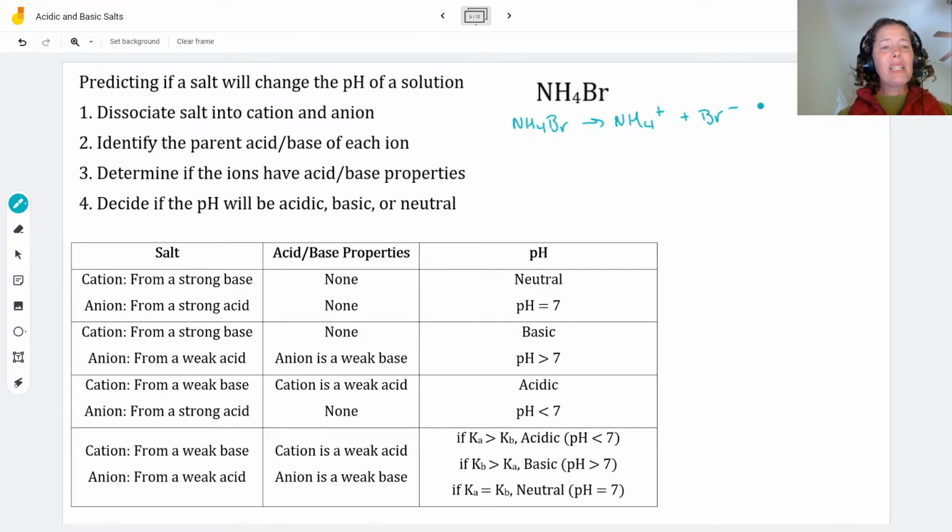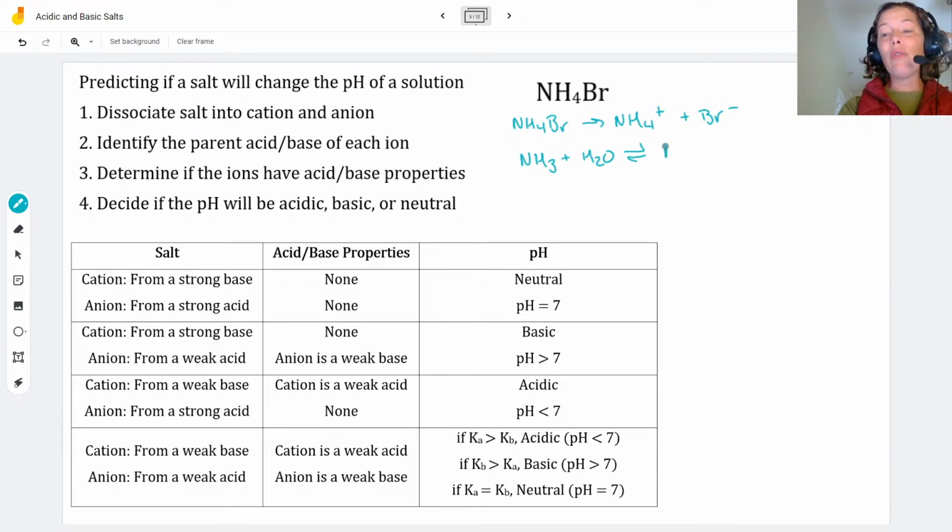All right. So now we're going to go back and identify the parent acid or base of each ion. So again, we're saying, is this a conjugate of either a weak acid or a weak base? Well, let's try to figure out if it is or not. So if I look at my ammonium and I think, all right, could that be a conjugate of something? Then yes, it can be a conjugate of ammonia.